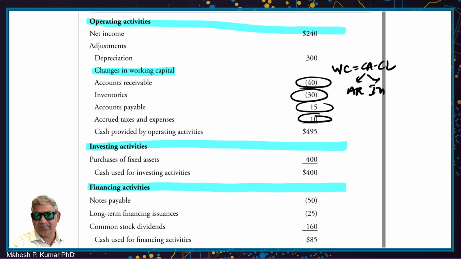Going by this definition, current asset changes are minus 70, this is 40 plus 30 in minus terms, and current liability changes are plus 25, this is 15 plus 10, and the overall change in working capital is minus 45. So minus 70 plus 25 is minus 45. This is investment in the working capital, and it would be a minus number in this adjustment.